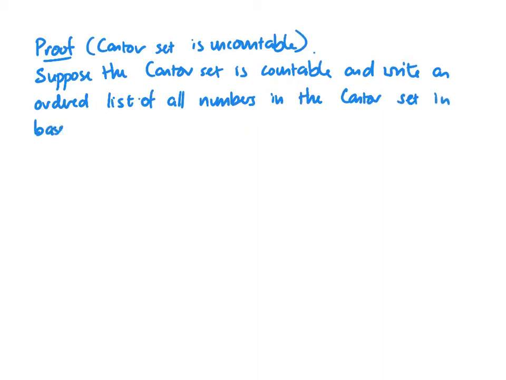Okay, so I want them in ternary. And we're just going to construct a number that is not in the list but has to be in the Cantor set. So this is how we'll do it.